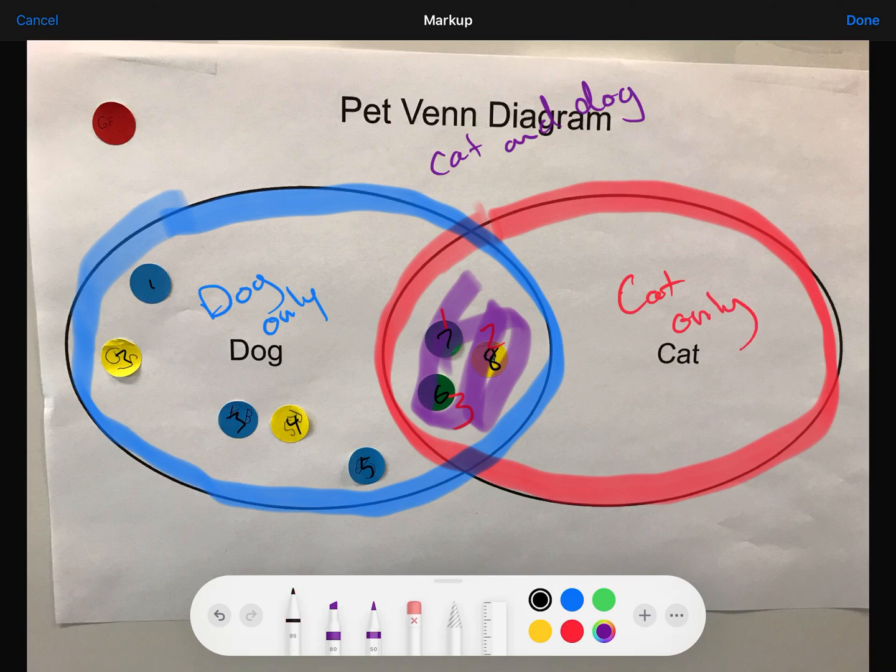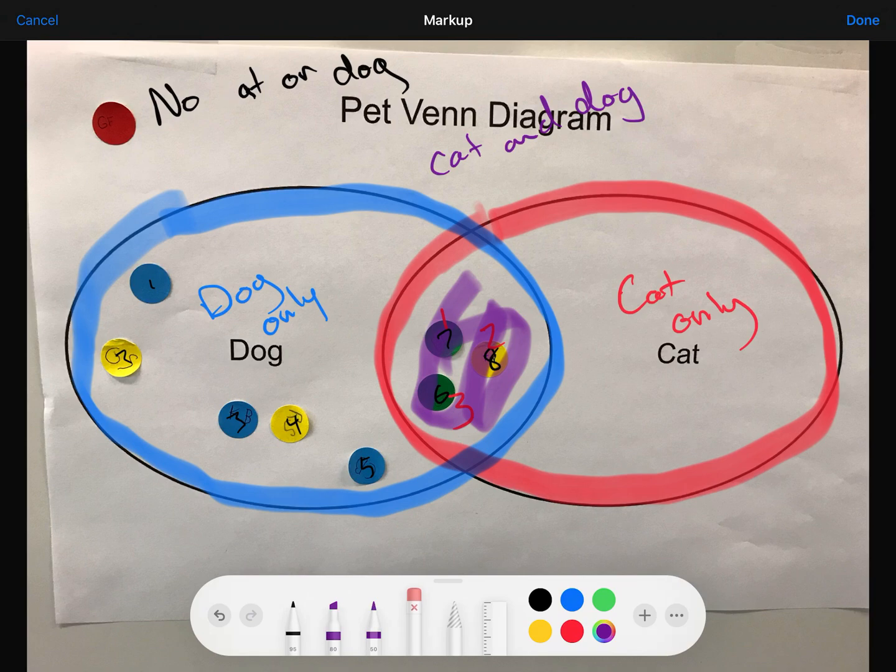So, what about this person? Now, it's very important. You can't just say they don't have a pet. What you'd say is they don't have a cat or a dog. So I'm just going to say it is no cat or dog.